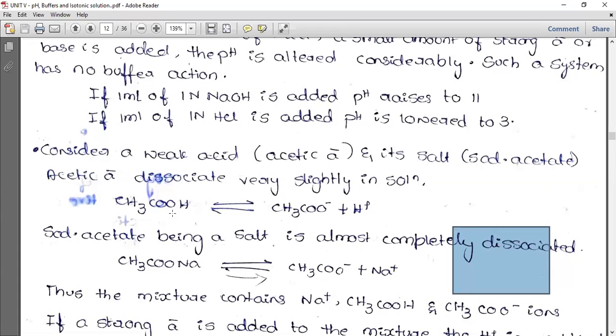Okay. So now this will partially dissociate into CH3COO minus ion and H plus ion, and this will completely dissociate into acetate ion and Na plus ion. So now tell me, anyone, what and all would be present in this particular beaker? I'm adding acetic acid and sodium acetate.